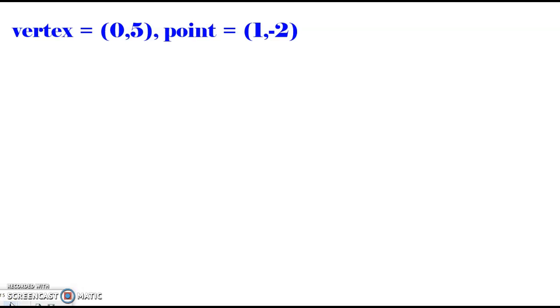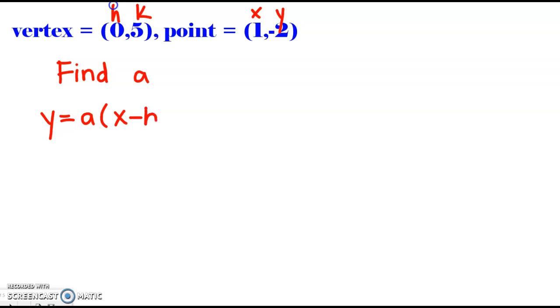So the process is always the same. Again, vertex is (h, k), point is (x, y), and find a first. So we would go y equals a times x minus h quantity squared plus k.